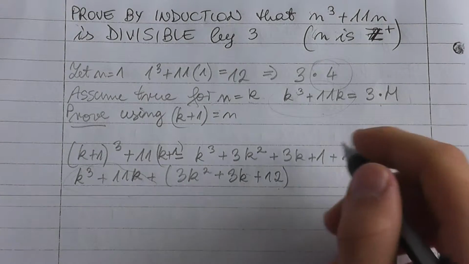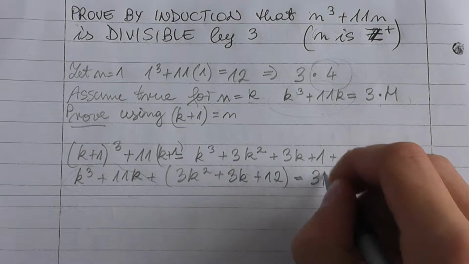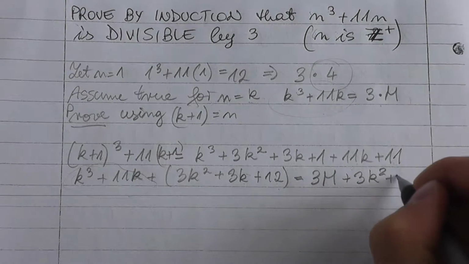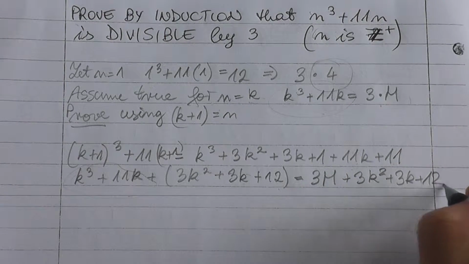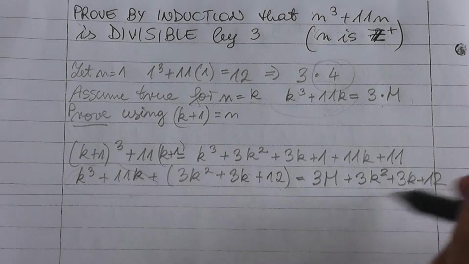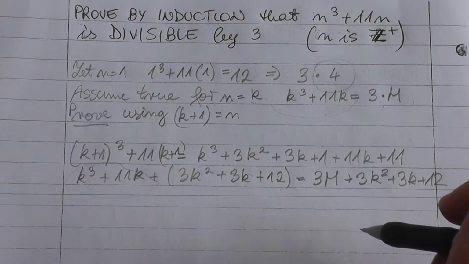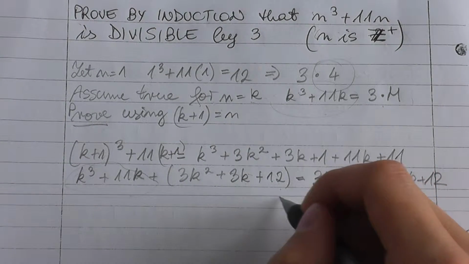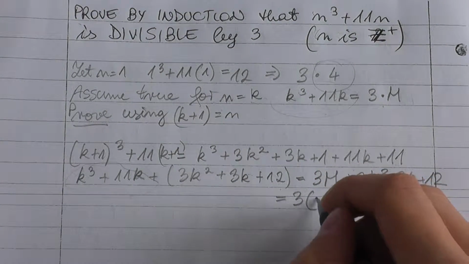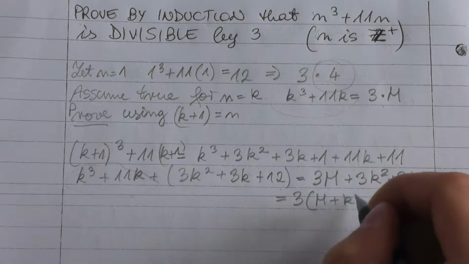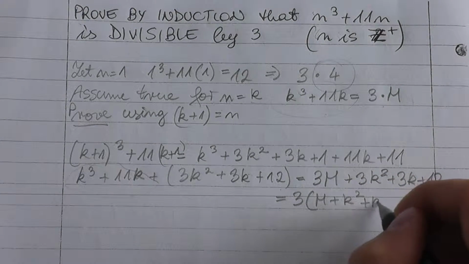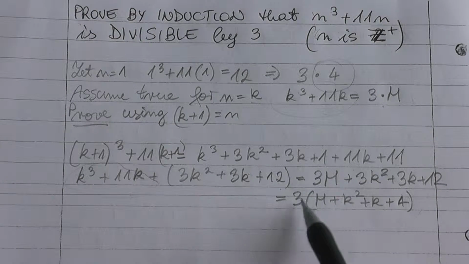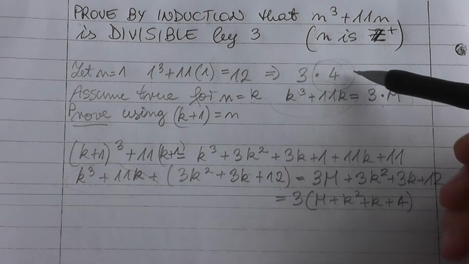And so we can rewrite this as 3m plus 3k squared plus 3k plus 12. Isn't this lovely? Because what this gives us is 3 times m plus k squared plus k plus 4.